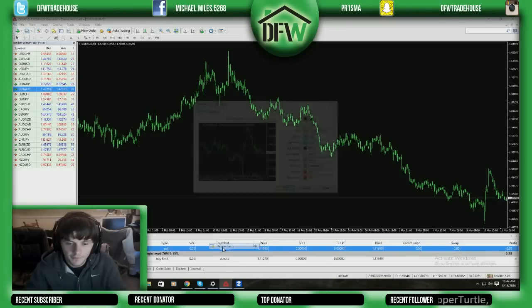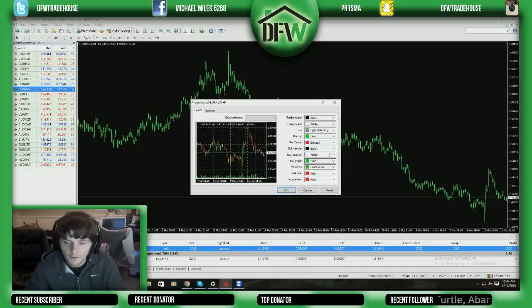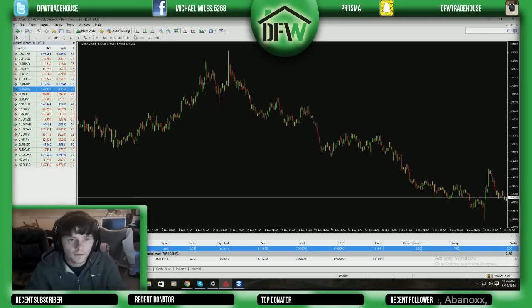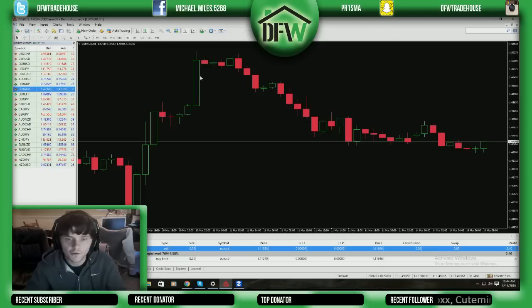Go to properties and change the bear candle to red. Then I change it to candlesticks, so now you can see downtrends and uptrends. This obviously gets a lot more detailed, but that's what I do on a naked chart. I get rid of the grid, change the bear candles to red, and then I start throwing indicators on top of it.